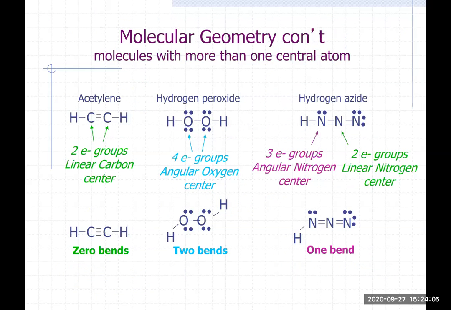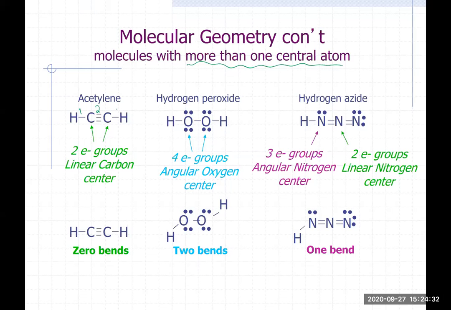And then let's look at the molecular geometry if we have molecules that have more than 1 central atom. So over here, if we look at acetylene, that is C2H2 on the top left, we notice that each carbon has 2 electron groups surrounding it. And so we have an electron group here and an electron group here.